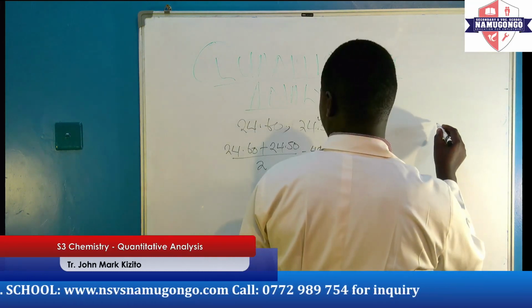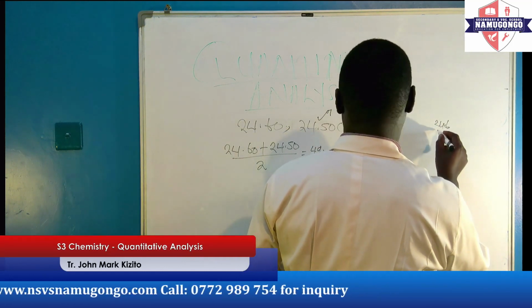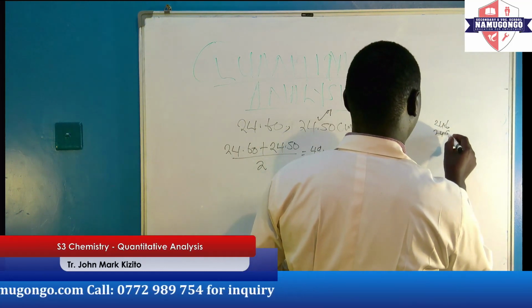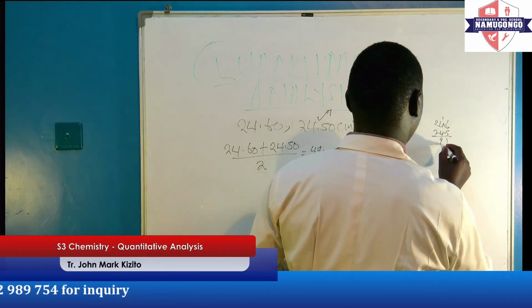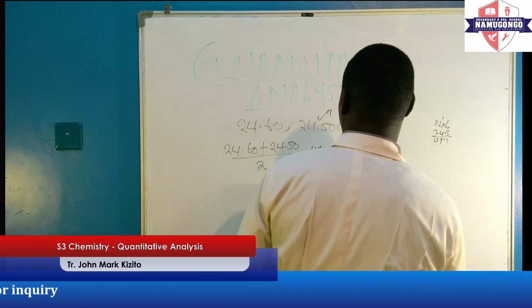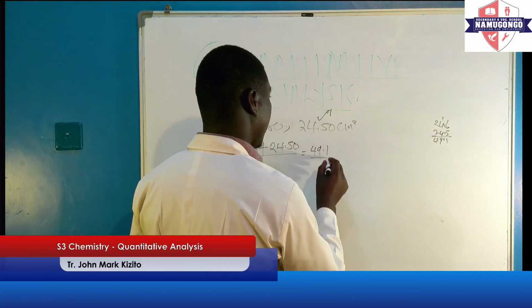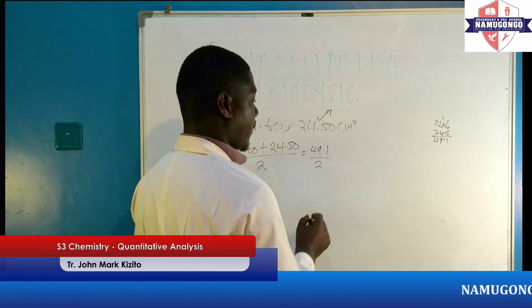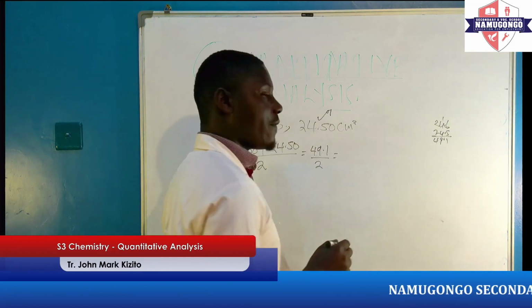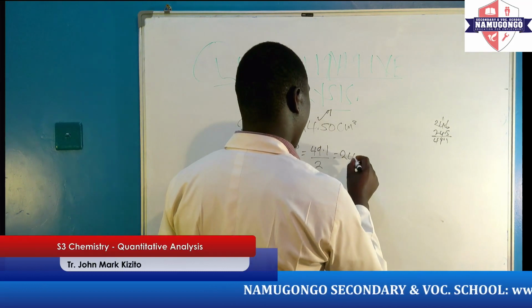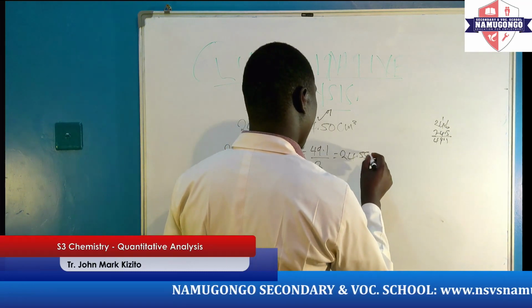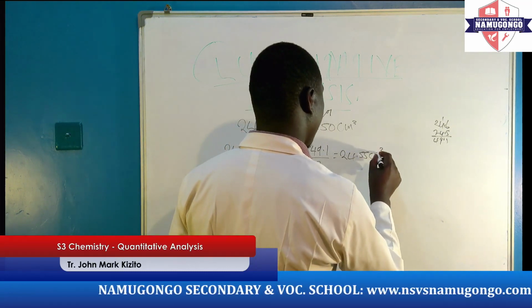What do you get when you add this? 24.6 plus 24.5. This is a 1, this is a 9, and this is a 4. So it is 49.1 divided by 2. And we shall come up with our average volume of hydrochloric acid used as 24.55 cubic centimeters.